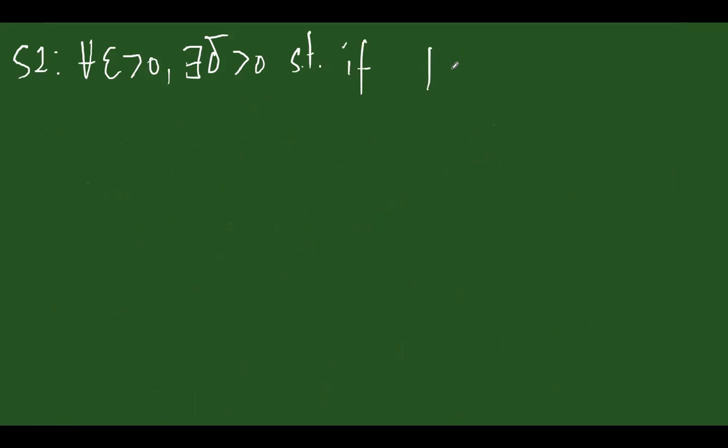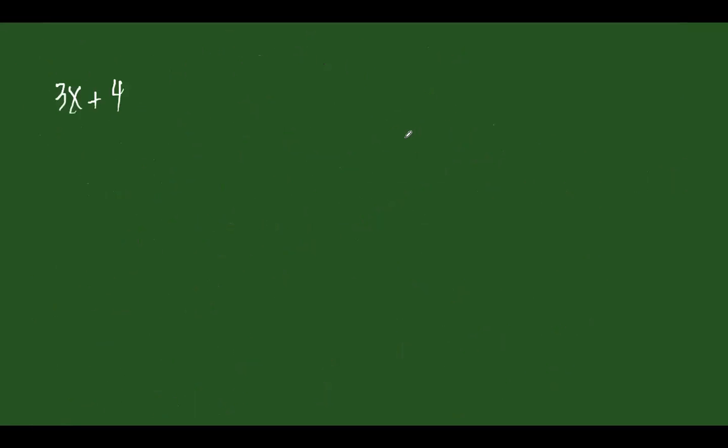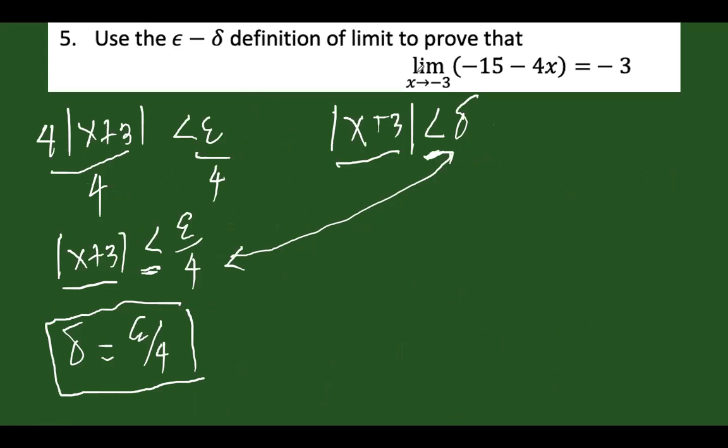So let's write that here. Step number 2: for every epsilon greater than 0, there exists delta greater than 0, such that if the absolute value of, now let's go back here, this one.